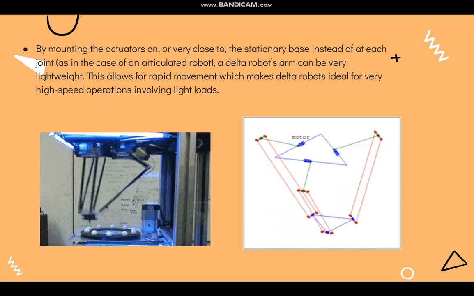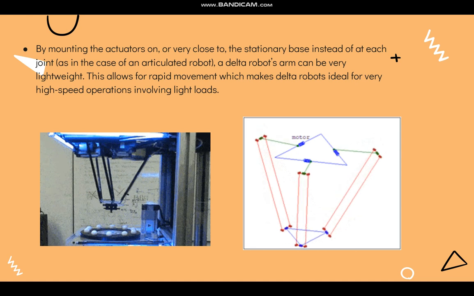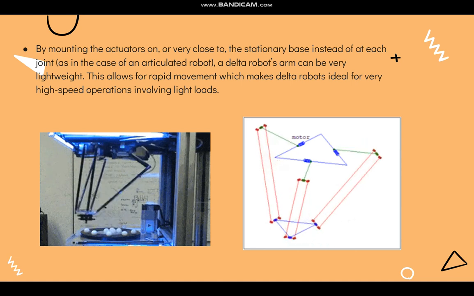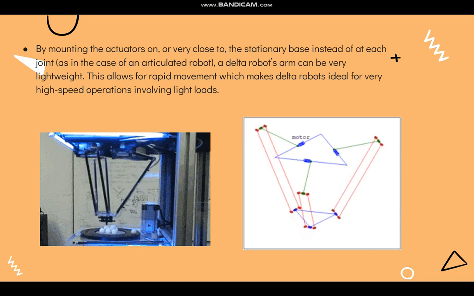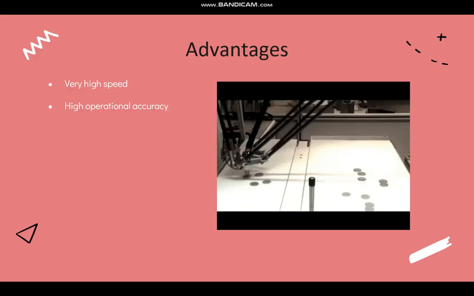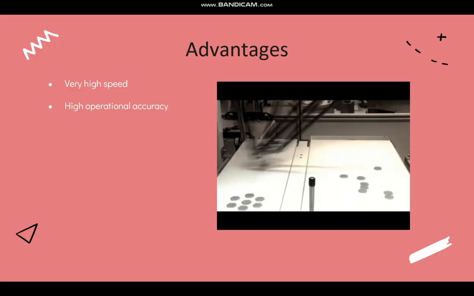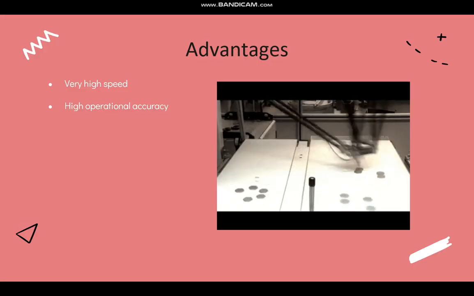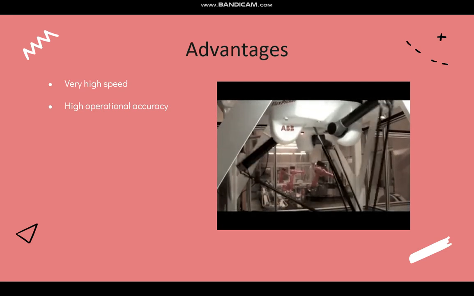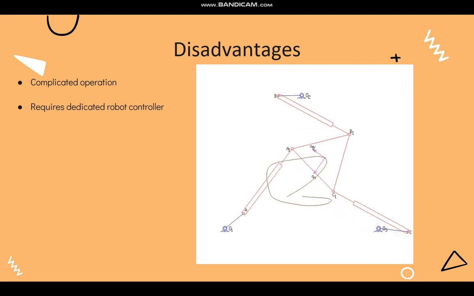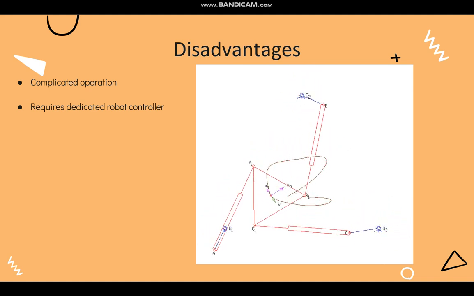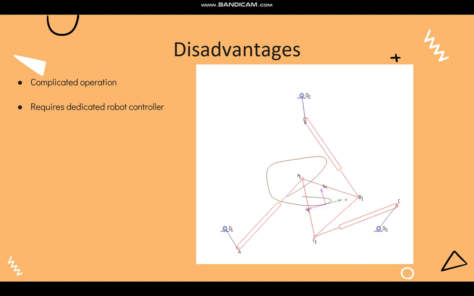To compensate for its limited applications, this robot can work at a high speed and very accurately, as you can see in the illustration below. The advantages: works at a very high speed and with high operational accuracy. The disadvantages: it is a complicated operation and requires a dedicated robot controller.